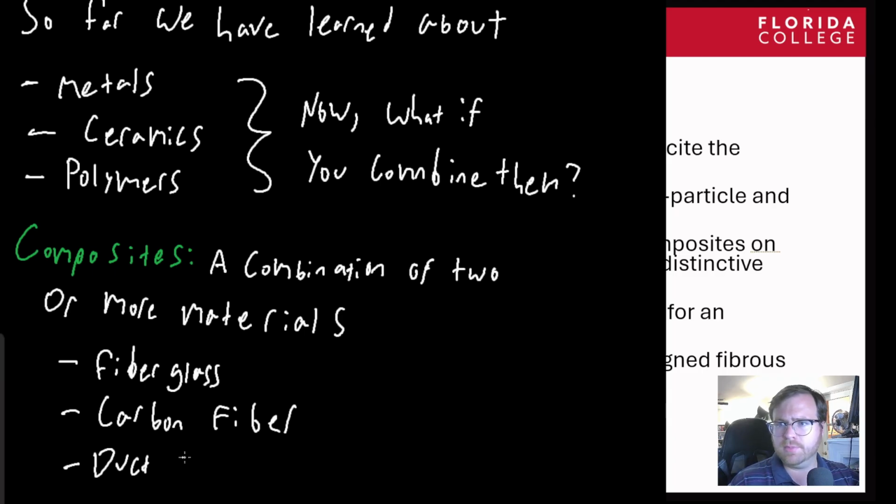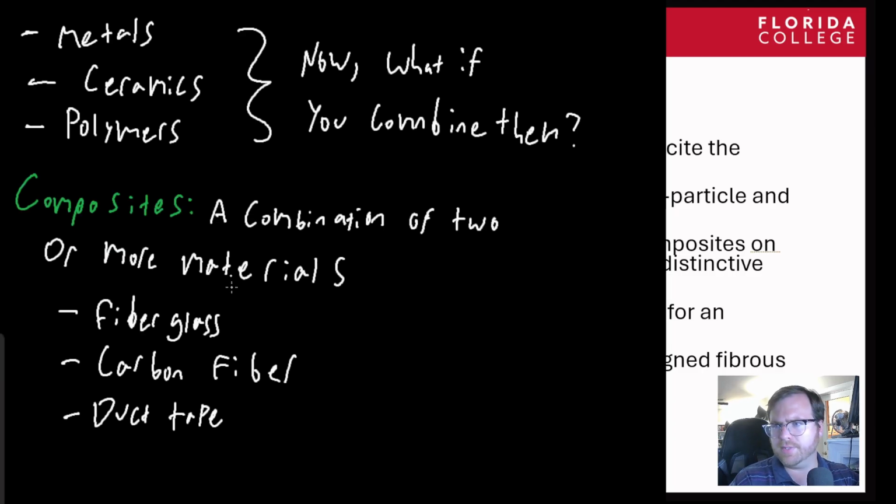Duct tape is a composite, especially if you think about the way duct tape rips. It's got an adhesive layer, and in between that adhesive, it has a fabric, right? So a fabric surrounded by an adhesive, which makes it a composite material.